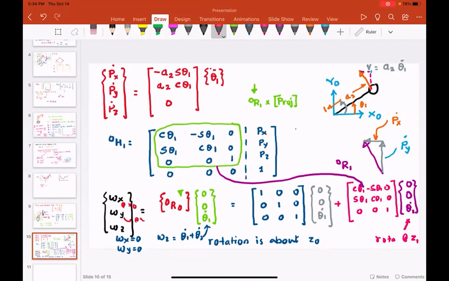Omega y is about y0. And omega z is about z0. Everyone understood this? This is absolutely important. Px dot is along x0. Py dot is along y0. Pz dot is along z0. Everyone understood this?